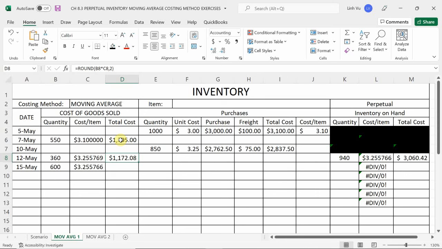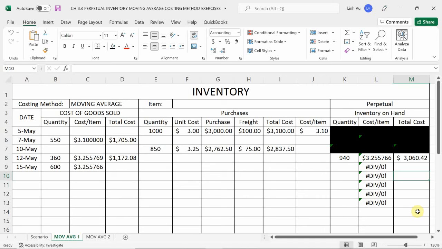When we received, we had 450 units left from the previous shipment, and then we added 850, then we got 1,300, and then we sold 360 at the cost of 3.255769.